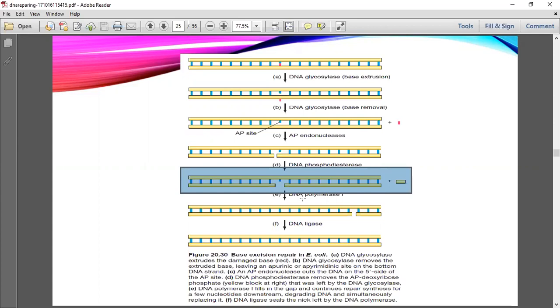That's why the cell automatically brings a nucleotide there. Then the enzyme DNA polymerase synthesizes the nucleotide there. Synthesize means forming a complementary sequence. Then it ultimately fills the gap. So that's the basic mechanism in base excision repair.